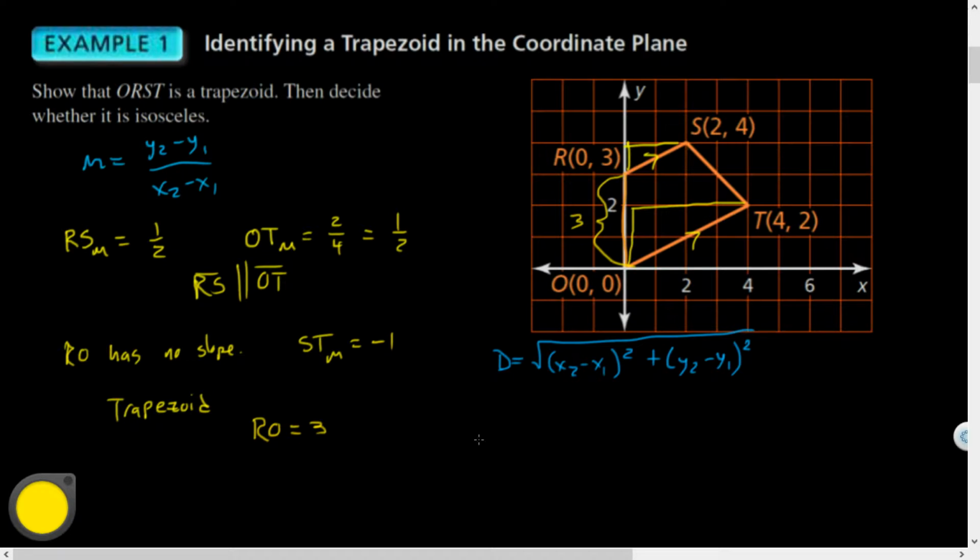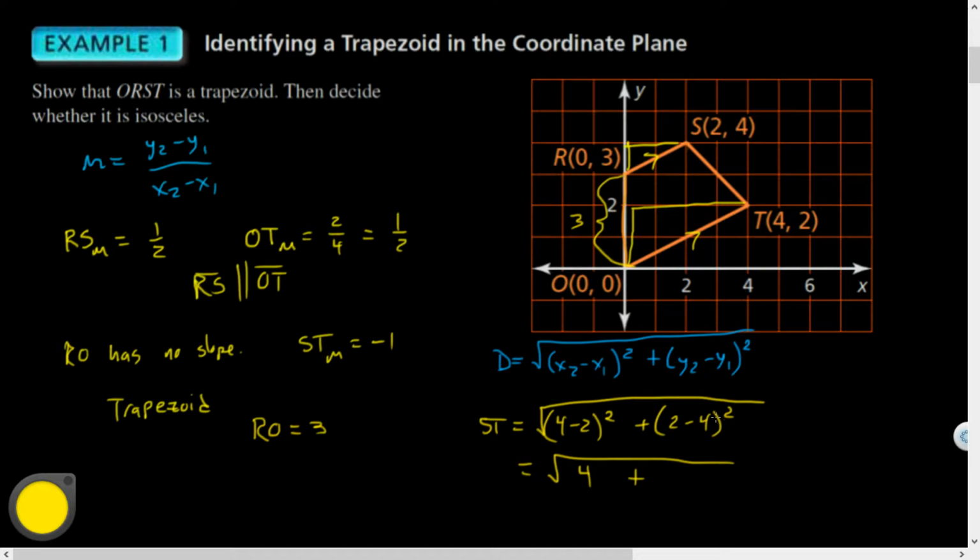And let's find the distance of ST. So ST is going to be the square root of 4 minus 2 squared plus 2 minus 4 all squared. You guys are good at the distance formula, right? The order doesn't matter as much for distance formula, because if it's negative, the square makes it positive. So 2 squared is 4, plus -2 squared is 4. So it's going to be the square root of 8, which I can reduce.